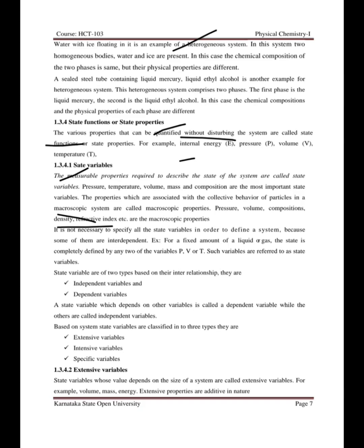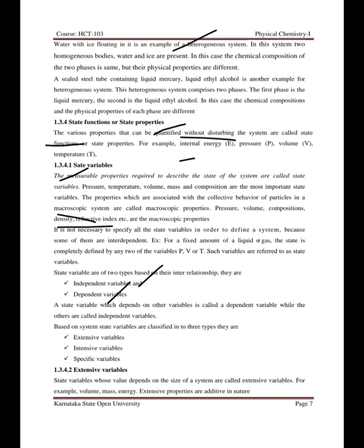And next is the state variable. There are two types: independent variables and dependent variables. A state variable which depends on other variables is called a dependent variable, and which is independent is known as an independent variable. Variables here are pressure, volume, composition, internal energy.